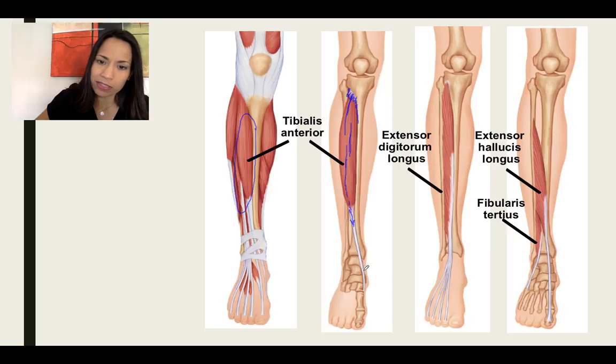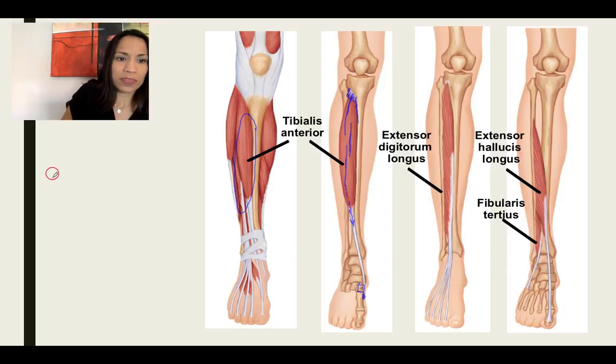Follow the tendon, see, crosses on a diagonal to insert in this bone. What is the name of this bone? 1, 2, 3. This is the medial cuneiform. And also here in the first metatarsal.